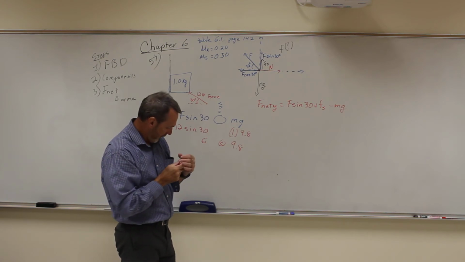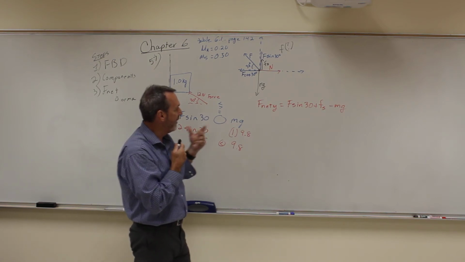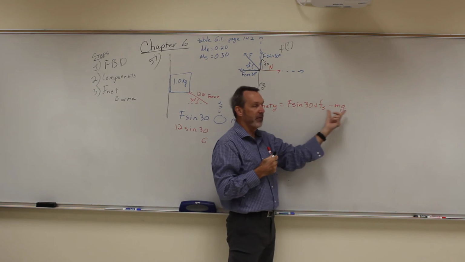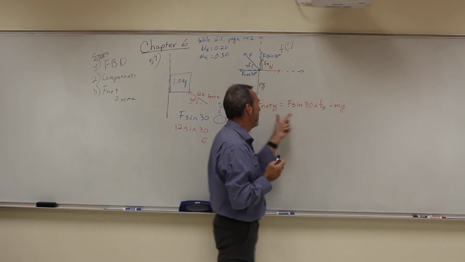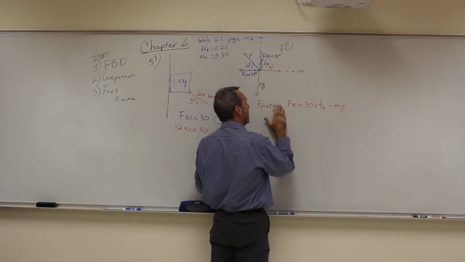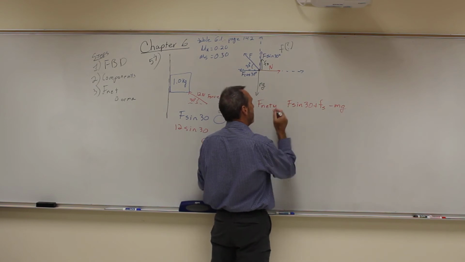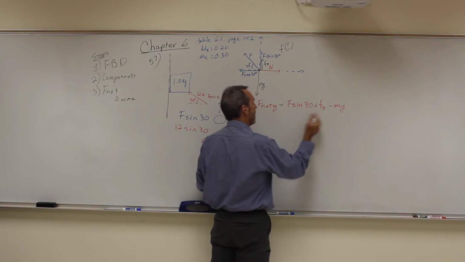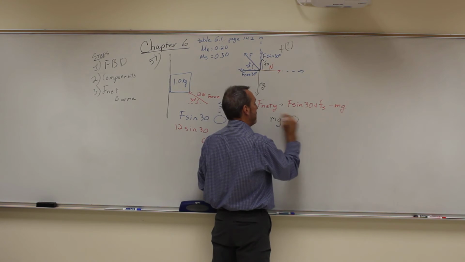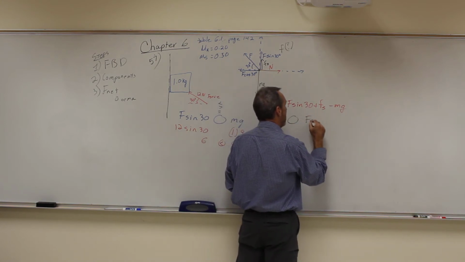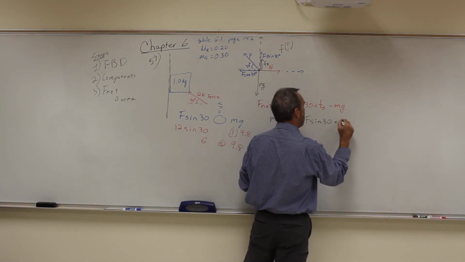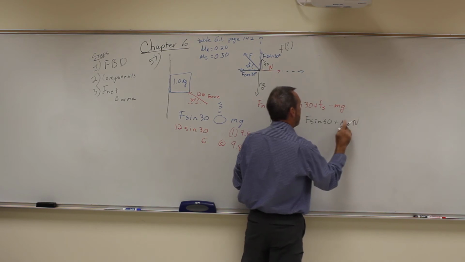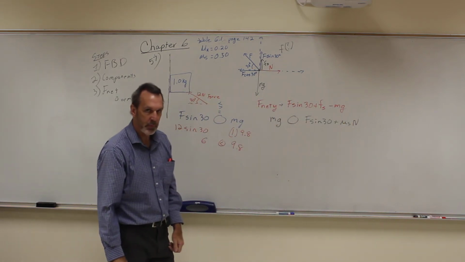Okay. And so what I really have to do is figure out, are these two forces bigger than this force? So I'm going to do the same thing again. I'm not going to do this as equals. I'm going to say, is mg bigger than, less than, or equal to F sine 30 plus the friction force, but I'm going to replace the friction force with mu sub s times n.